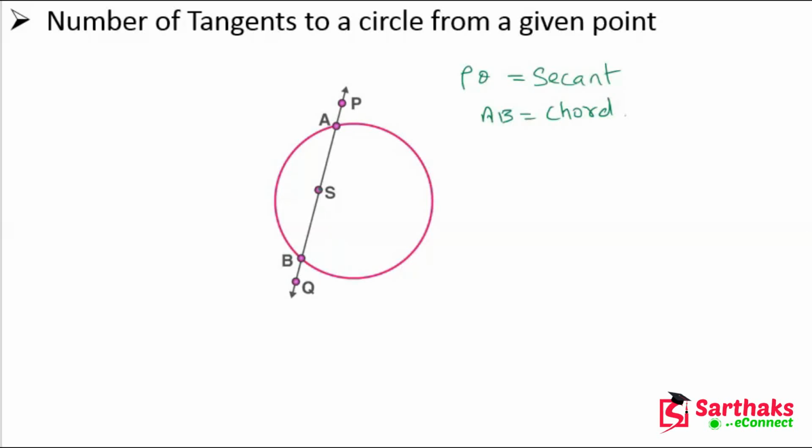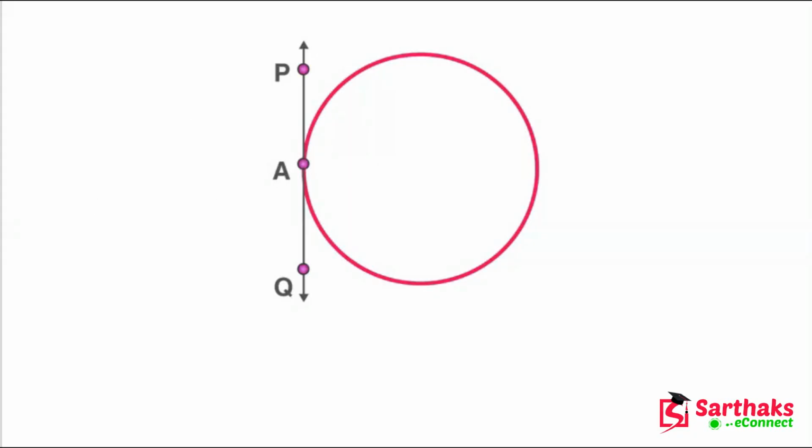The second case is that if a point is on the circle, then with the help of this point we can draw one tangent.